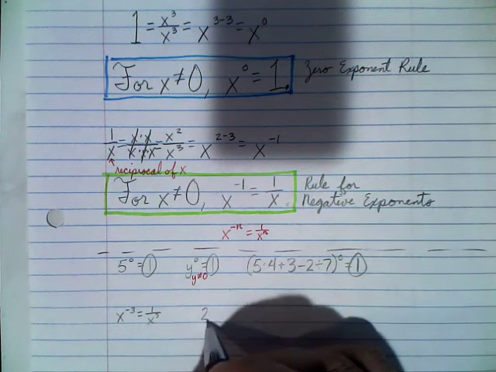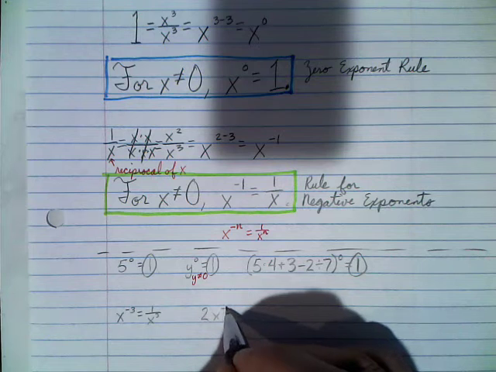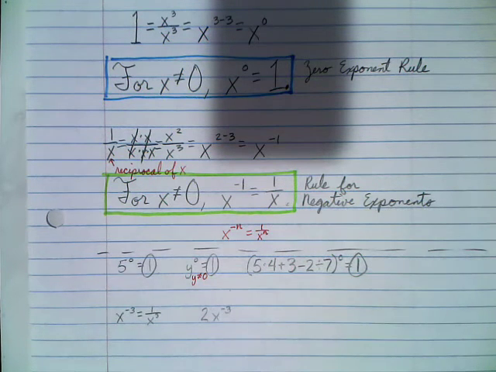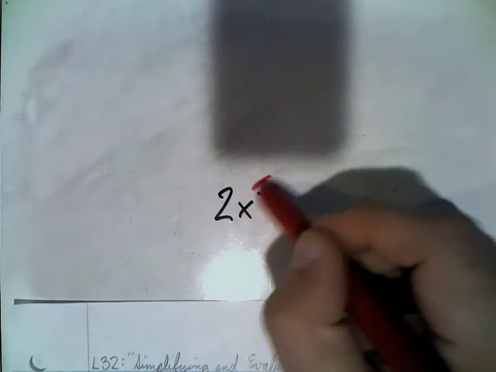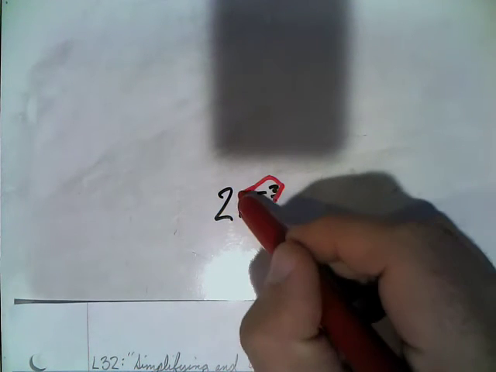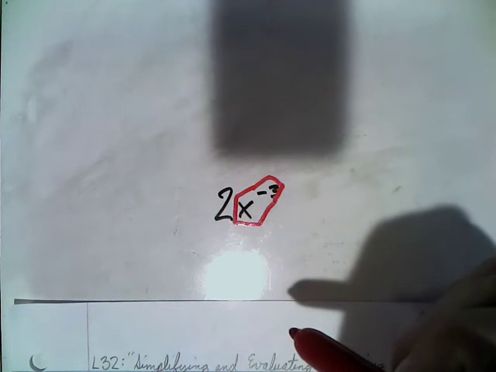Let's say we had 2x to the negative third power, though. In this case, we need to remember that exponents only happen to whatever they are directly next to. So if I have my 2x to the negative third power, this exponent here is directly next to the x.